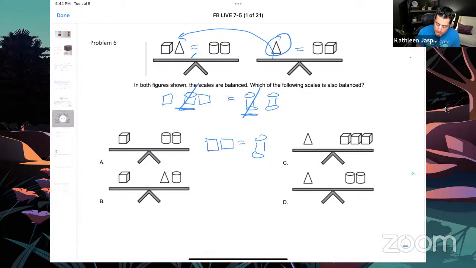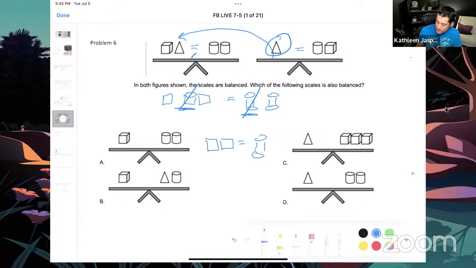So if I know that 1 cylinder is equal to 2 squares, then I can say to myself, all right, I can input any cylinder with 2 squares. So what can I do with what I already have to find which scale is the same thing? So again, we're looking at these up top.